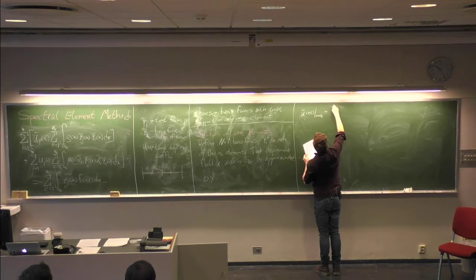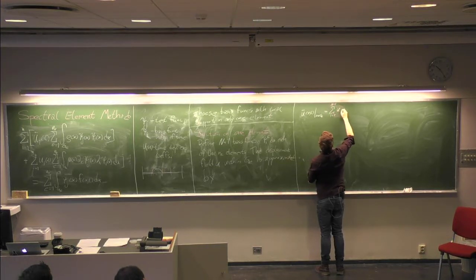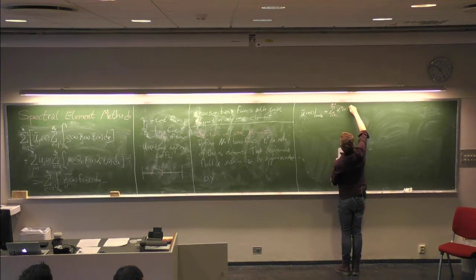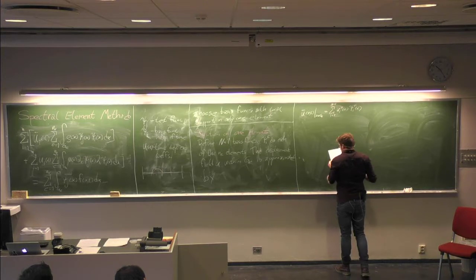Then we only need the functions which are inside the element GE: the sum of ui e of t, Ci e of x.